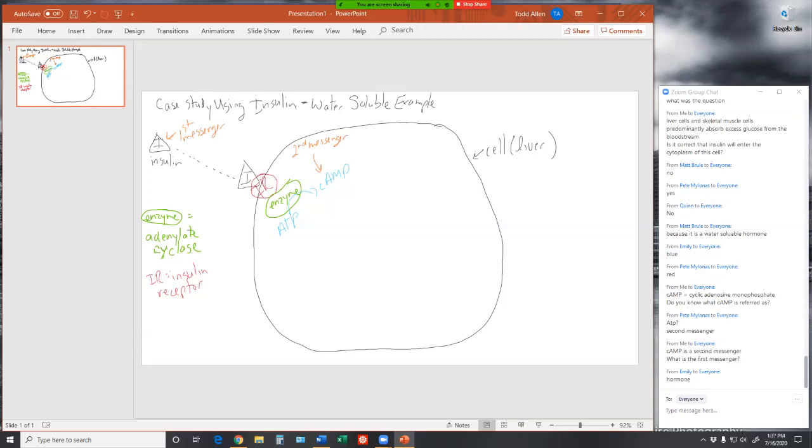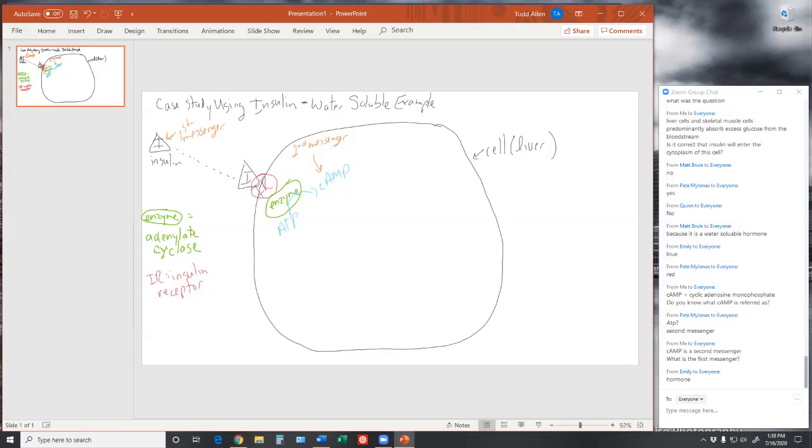Okay, so let's think about what's happening here, folks. We're getting into the weeds. There's some new terminology that you need to get organized in your brain during study time. Insulin's the first messenger. When insulin binds the insulin receptor, the shape of the insulin receptor changes, which then changes the shape of the attached enzyme on its underbelly. When the shape of the attached enzyme changes, it activates and turns on in such a way that ATP is converted into cyclic AMP.